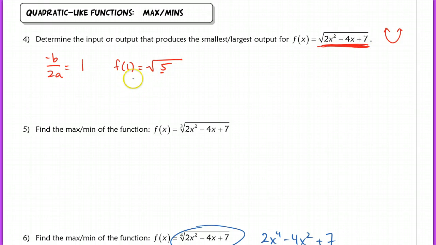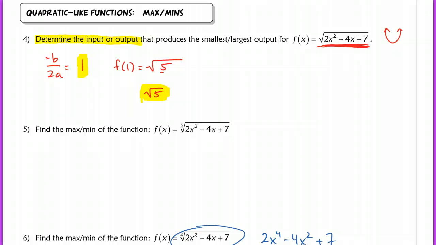So the minimum value here for our new function is root 5. Now, the original question, you want to pay attention to the question. It just says to determine the input or output. We already did that a long time ago when we said it was equal to 1. We found the minimum value, which is root 5, but it didn't ask for that.